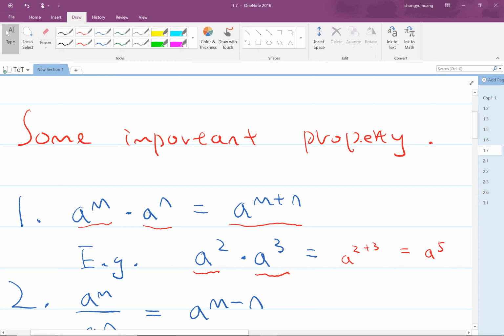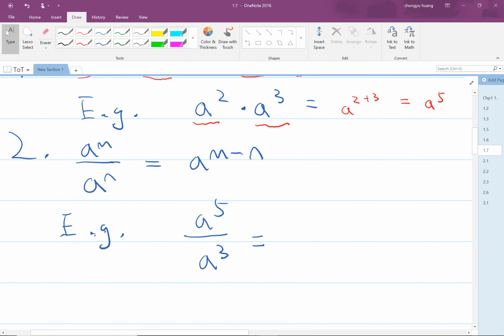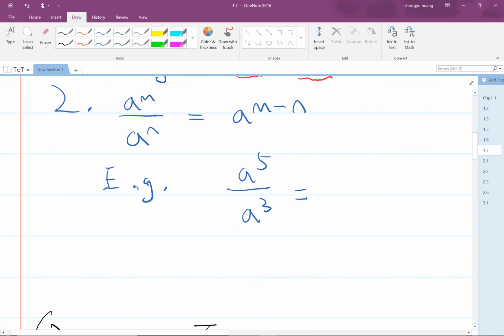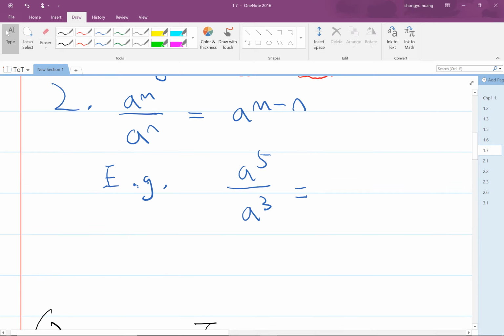Let's move on to the second property. The second property is a to the power m over a to the power n, and the result is equal to a to the power m minus n.